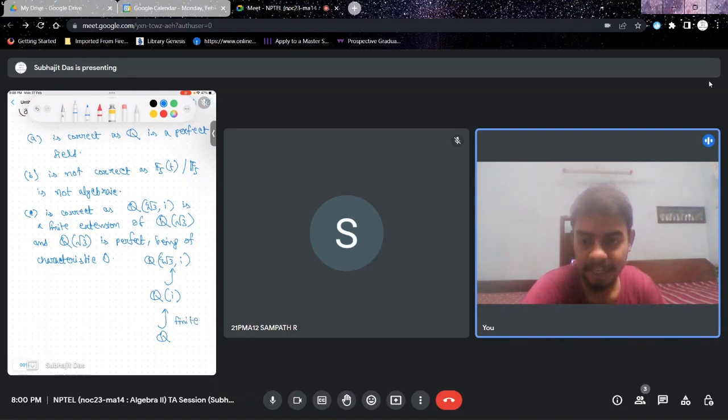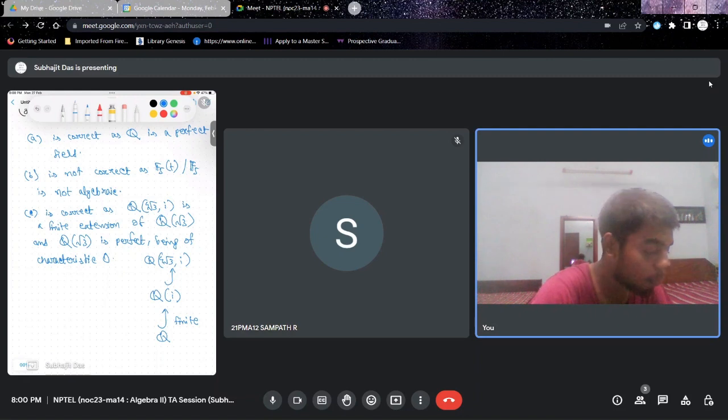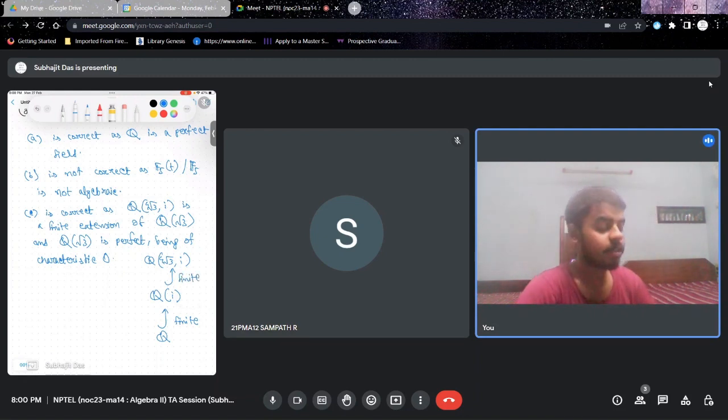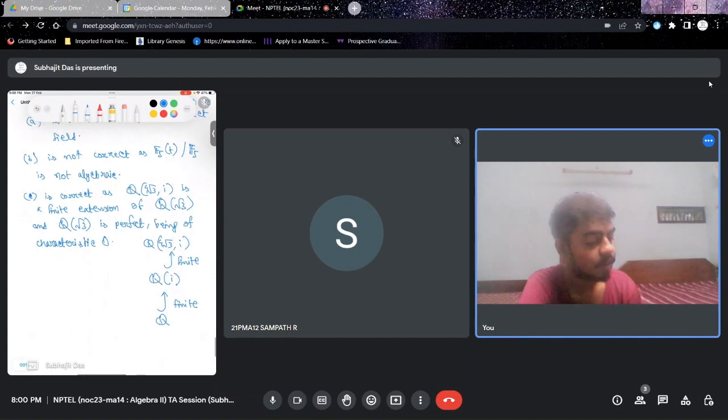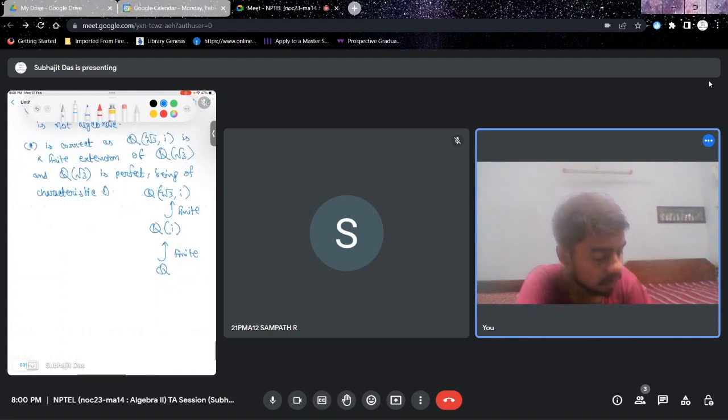Q(i) over Q is finite, and Q adjoined with fourth root of 3 comma i over Q(i) is again finite, because fourth root of 3 satisfies a non-zero polynomial over Q(i). So certainly fourth root of 3 is algebraic over Q(i), so this is a finite extension of Q(i). And you can now use the Tower theorem to conclude that Q adjoined with fourth root of 3 comma i is algebraic over Q. And finally, certainly C is correct.